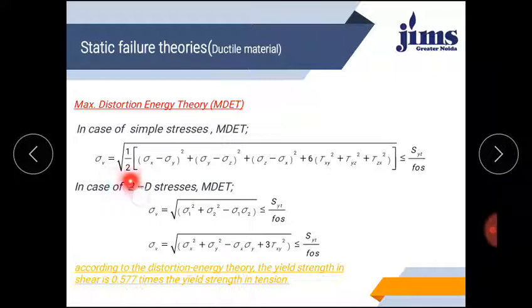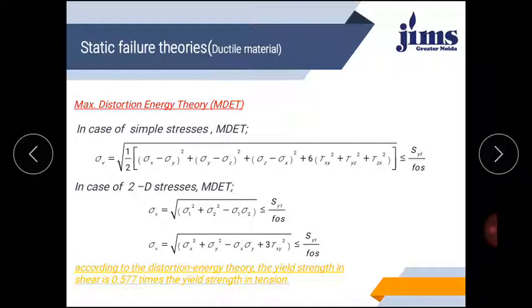In case of 2D stresses, sigma 3, or sigma z, will be 0, and the equation will be reduced to this. This von Mises stress should not be greater than SYT upon FOS, and with the help of this relation, we can directly calculate the dimensions of the component.